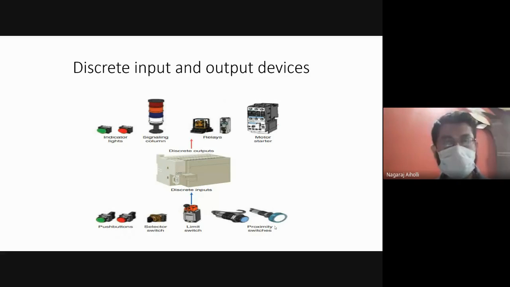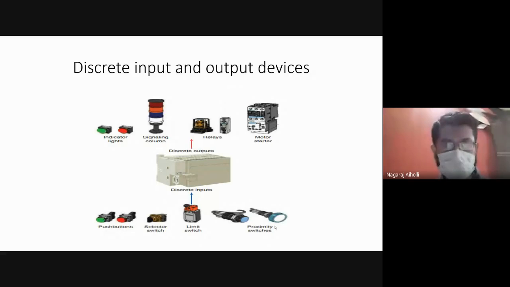The proximity switch will sense the nearness, the distance, and based on that it will convert that signal into an electrical signal. Then the switches will operate based on the closing or opening of the contacts, and the current will flow in the required circuit.